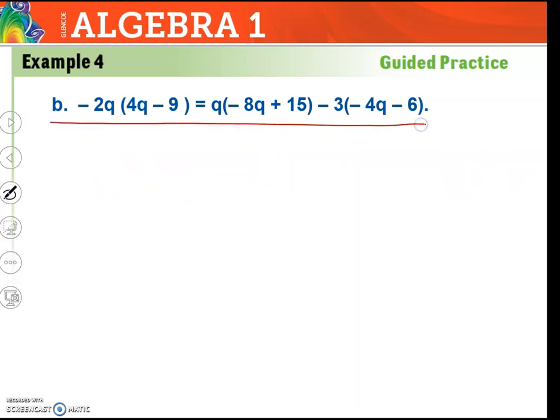So let us continue from this page. We have 18q is equal to 27q plus 18.